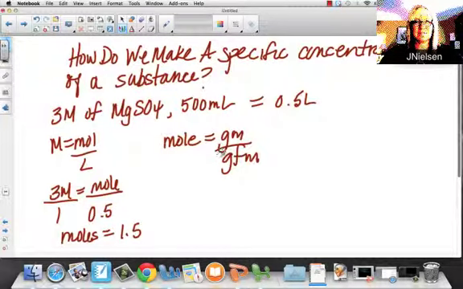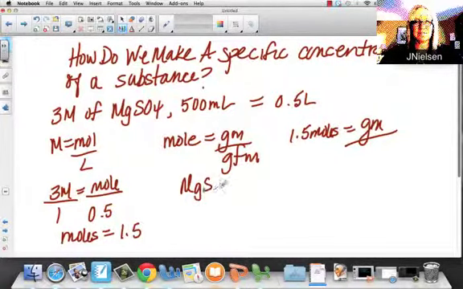So now I can come over here and use my mole calculation. So I've got 1.5 moles. I'm trying to find the given mass, and I can calculate the GFM of MgSO4. So I've got 1 Mg at 24.305, 1 S at 32.065, 4 oxygens at 16.